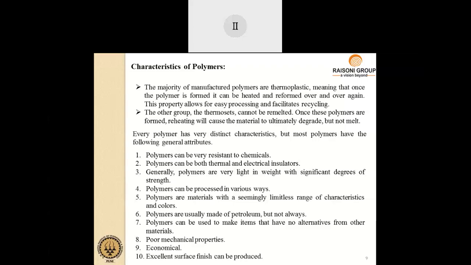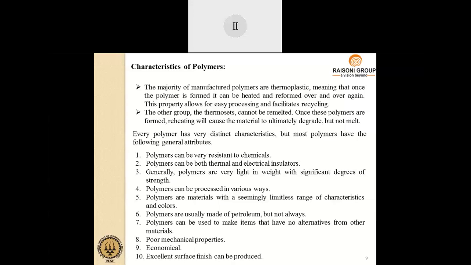Instead of melting, their properties will degrade. Their properties will reduce, but you can't reform them. So these are the two important types of polymers and their features, how they react upon heating.